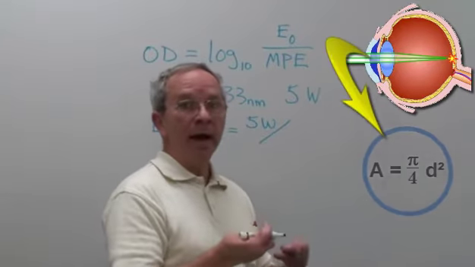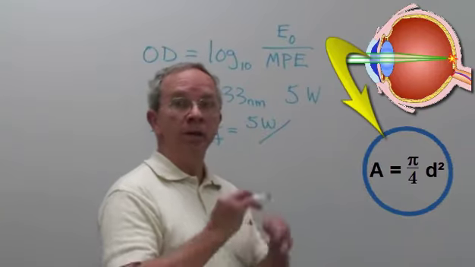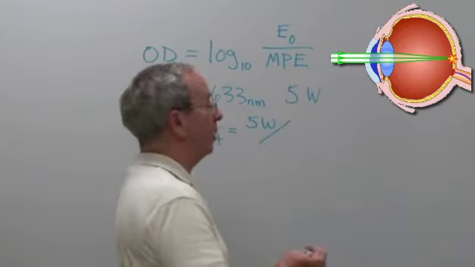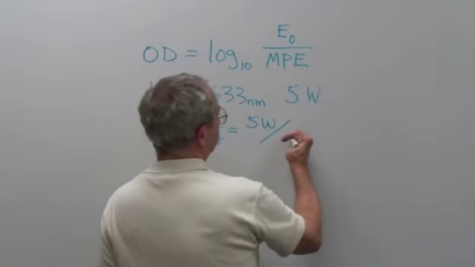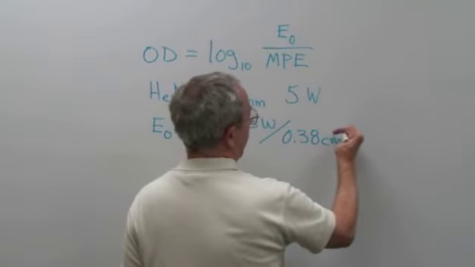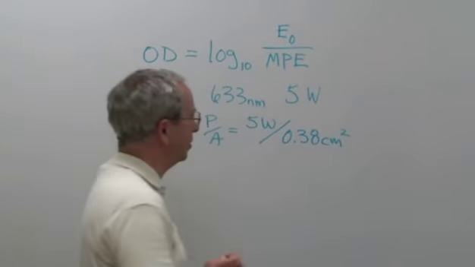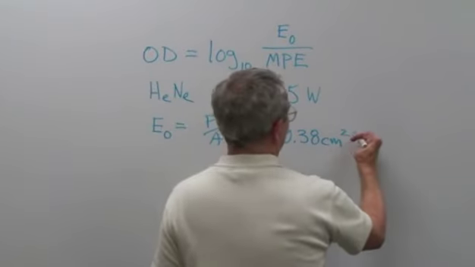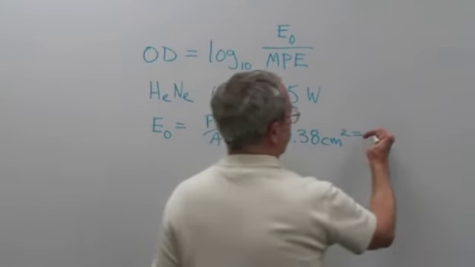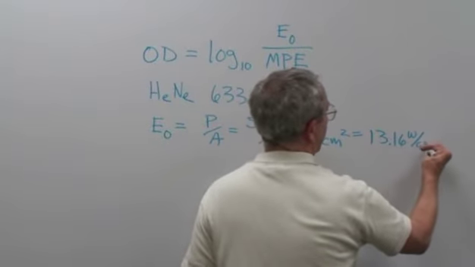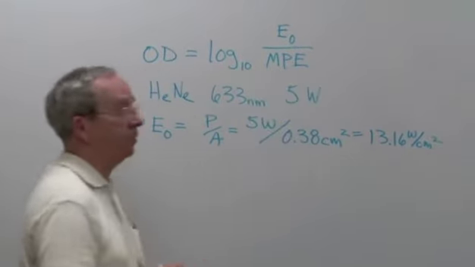It would be pi divided by 4 times 7 millimeters squared, or 0.7 centimeters squared. That turns out to be 0.38 centimeters squared is the area calculation. And if you calculate that out, that'll come out to 13.16 watts per centimeter squared for E0.